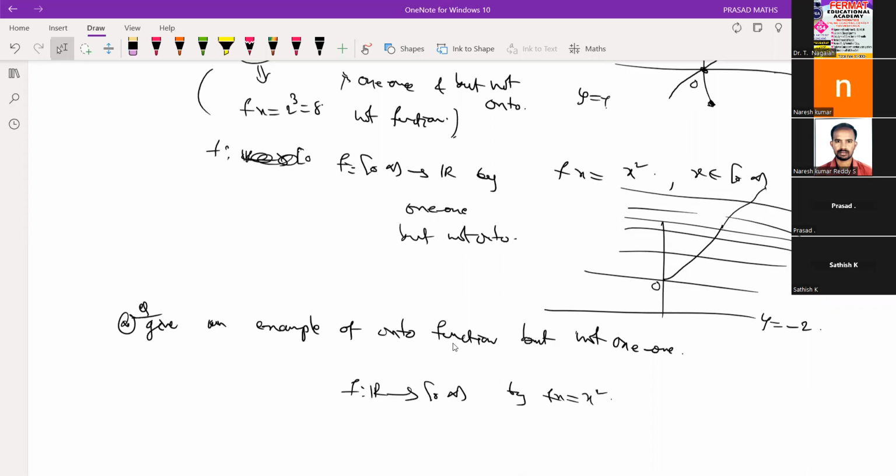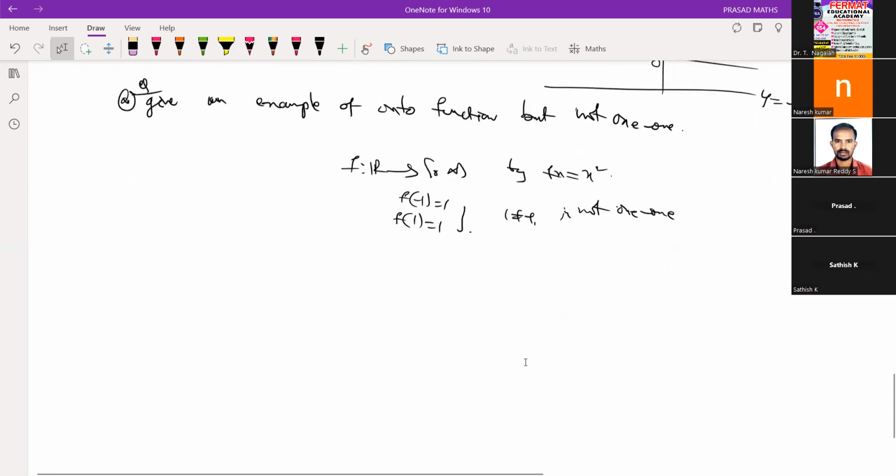Is it a one-one function? No, right? Suppose you take -1 and +1, it has image 1 but 1 is not equal to -1. So therefore automatically it is not a one-one function.